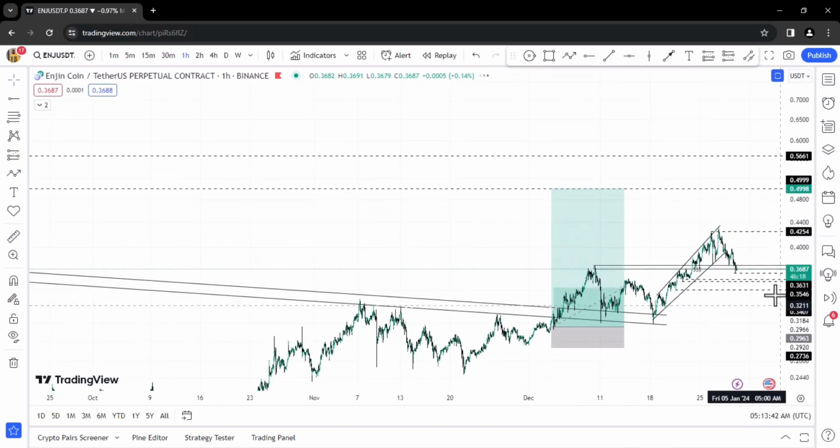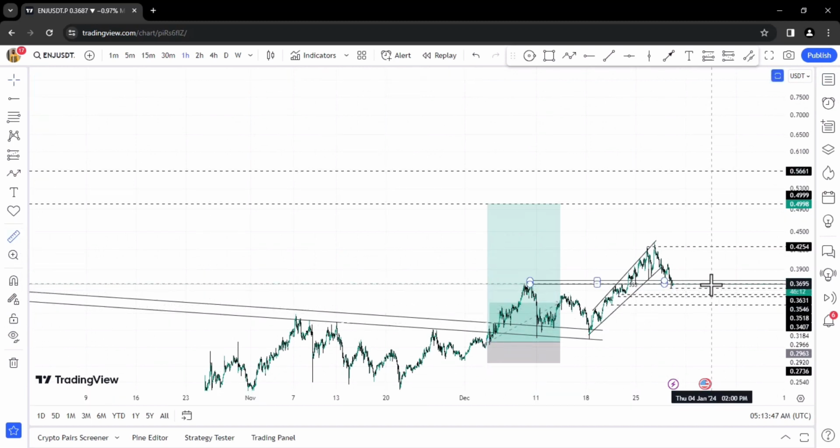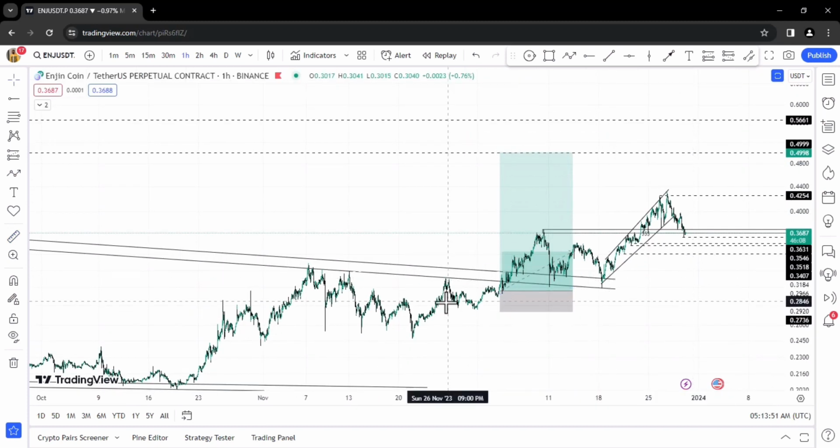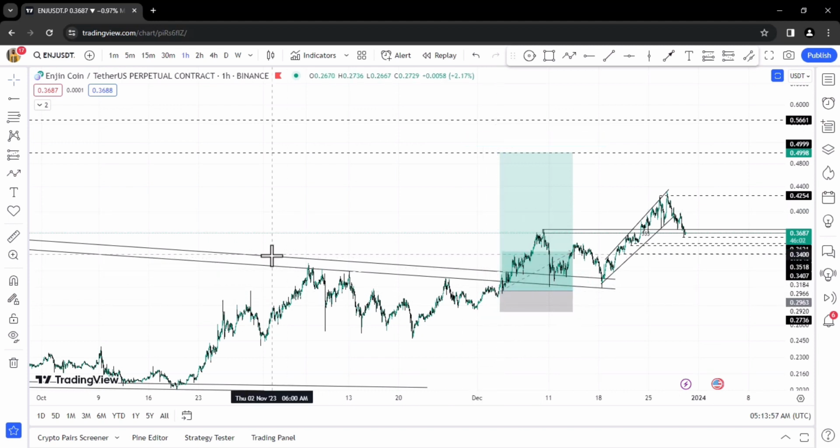And if you decide to hold to 0.56, that should be around 50 something percent. So if you took this trade from my initial analysis, you should be at least 30 to 45% up on your spot market.